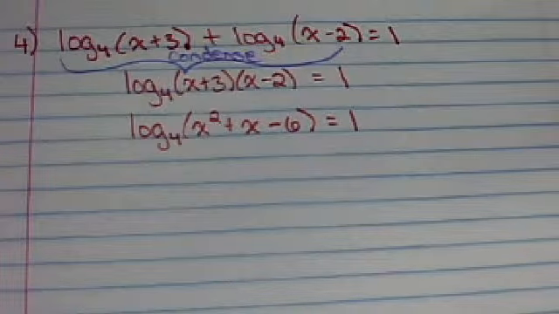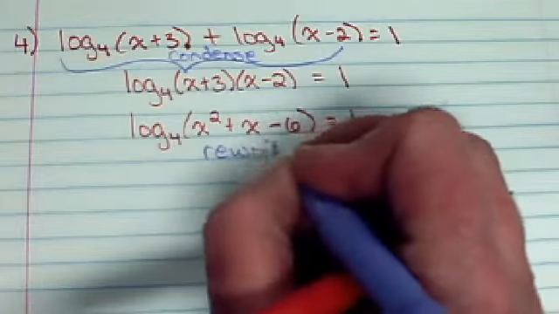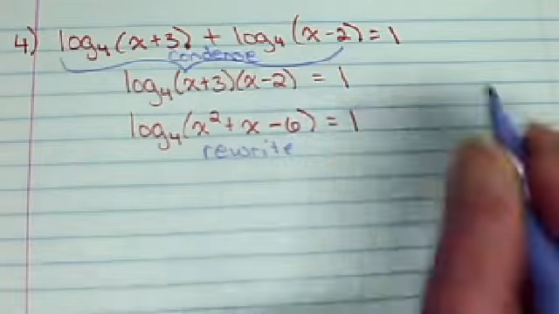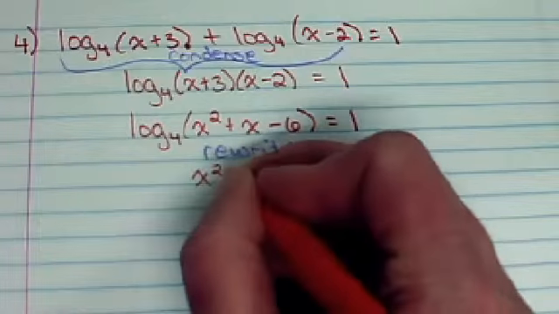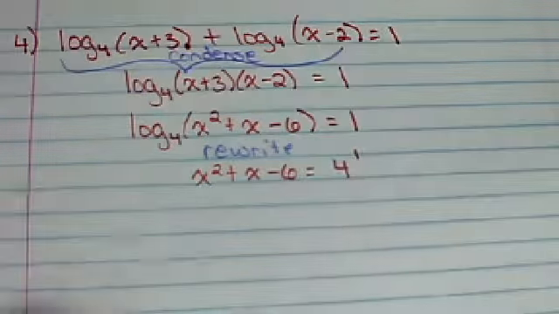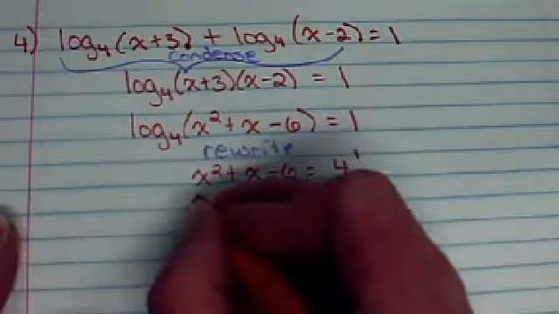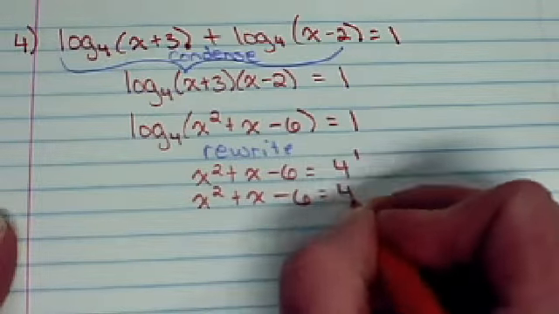Now I have a single logarithm. I'm going to rewrite it. This is going to be the base for my exponent, and this would be the answer. So it would be okay to write x squared plus x minus 6 equals 4 to the first power. That's x squared plus x minus 6 equals 4.